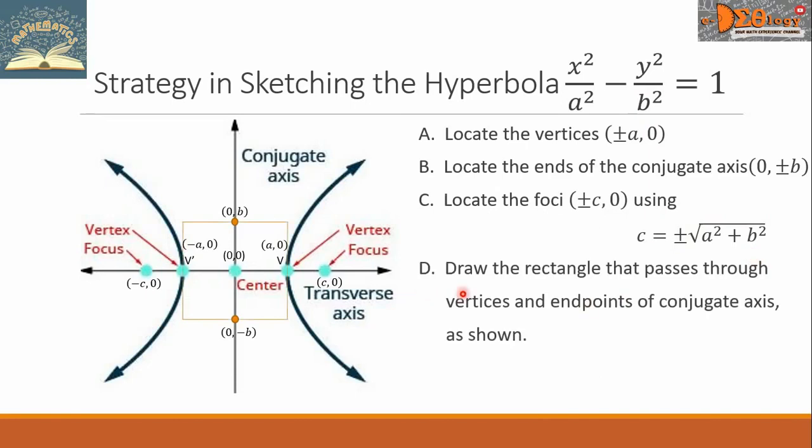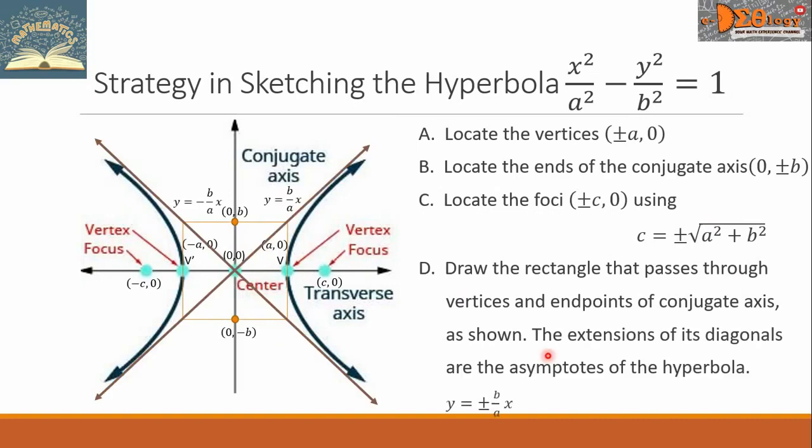Letter D, draw the rectangle that passes through the vertices and endpoints of the conjugate axis as shown. This is our rectangle. Take note that the sides of this rectangle are parallel to the coordinate axes. The extensions of its diagonals are the asymptotes.